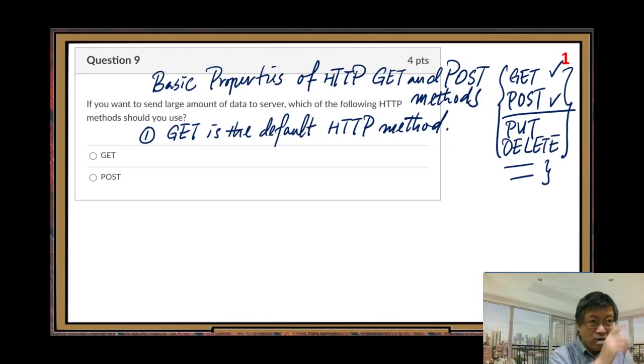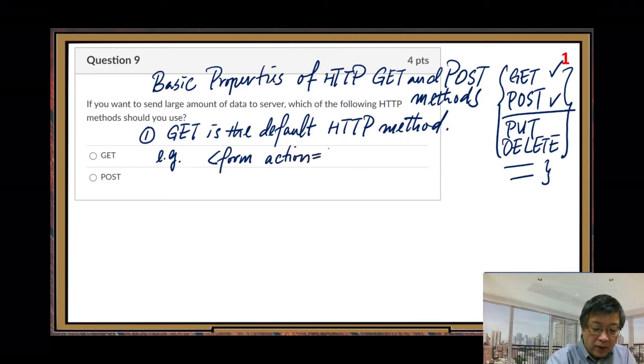One way to specify, for example, when we use the form tag, we have the action attribute, but there is also a method attribute. In the method attribute, we can specify POST. Uppercase or lowercase is not important, it's not case sensitive.